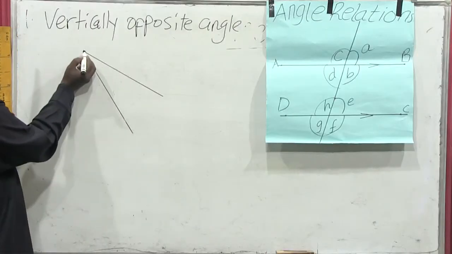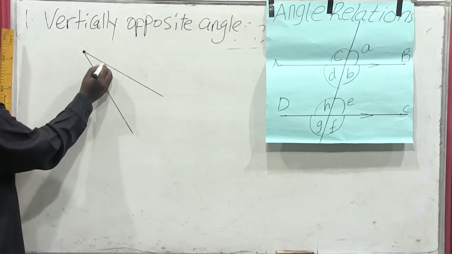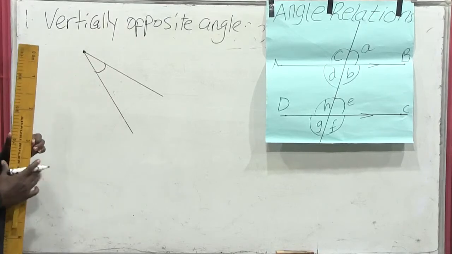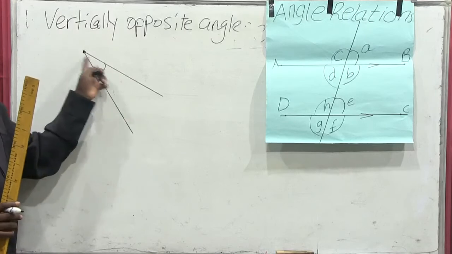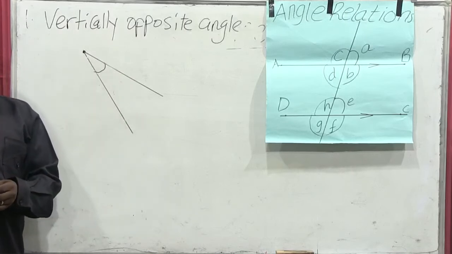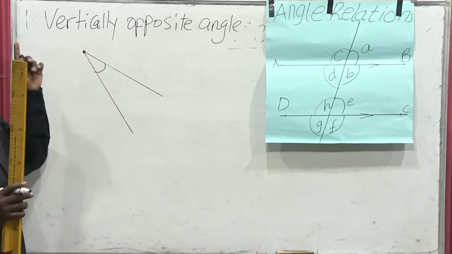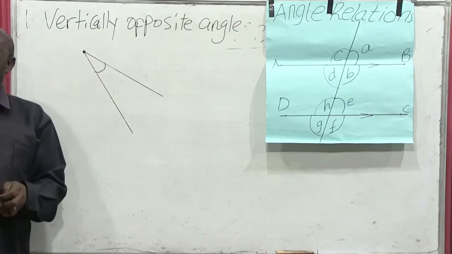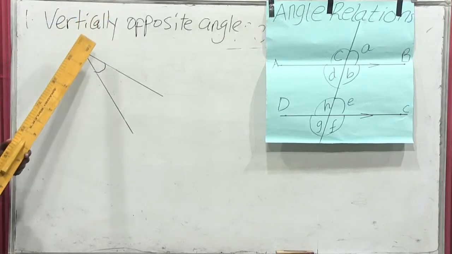When they meet here at this point, the angle is formed. So the angle is formed when 2 lines meet at a point.